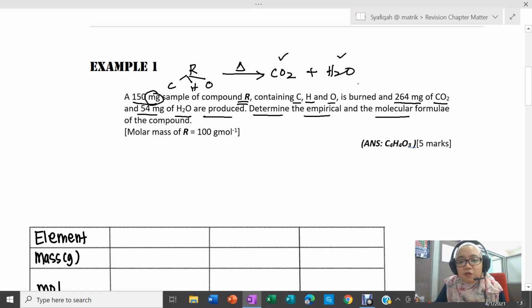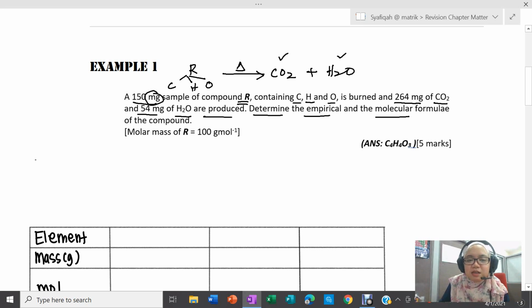So how can you find mass of oxygen? Mass of oxygen ada dalam carbon dioxide dengan dalam water. So what you need to do, you can minus the mass of carbon dengan hydrogen tadi ni dengan mass R. Kenapa? Sebab kalau you dah tahu mass carbon dengan mass hydrogen, you bolehlah dapatkan mass oxygen sebab R ni kan consist of C, H dengan O kan. So C dah tahu, H dah tahu, boleh cari O.